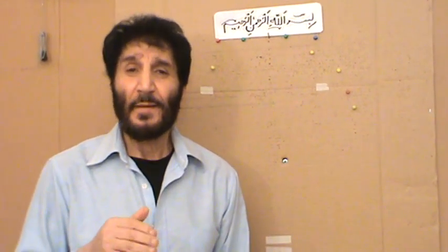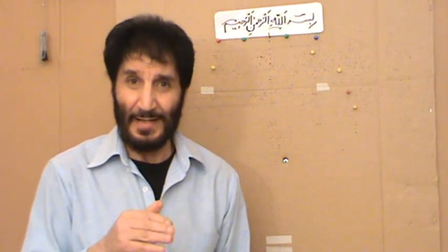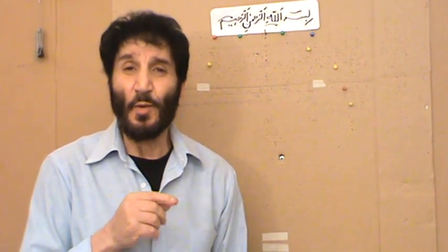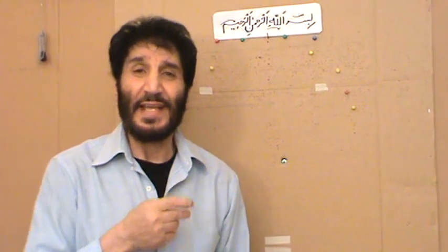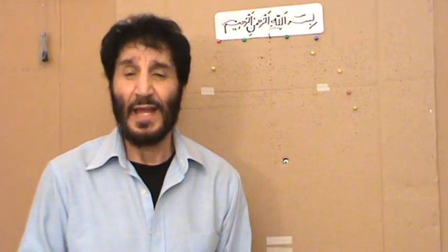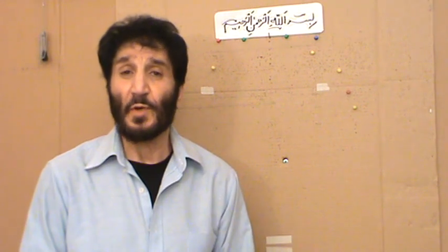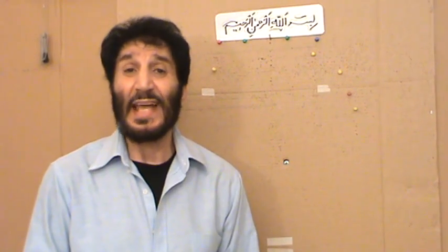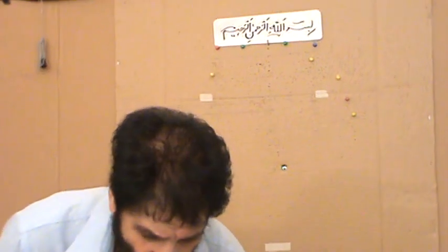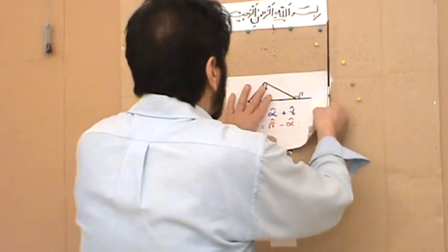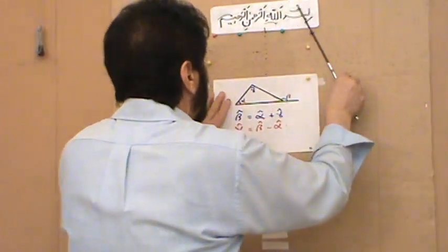We know that the exterior angle of any triangle is equal to the summation of the two non-adjacent angles. I have drawn a picture, I will show it to you, don't get scared, I will make it very clear and explicit, and I will also tell you what it means to say exterior angle.